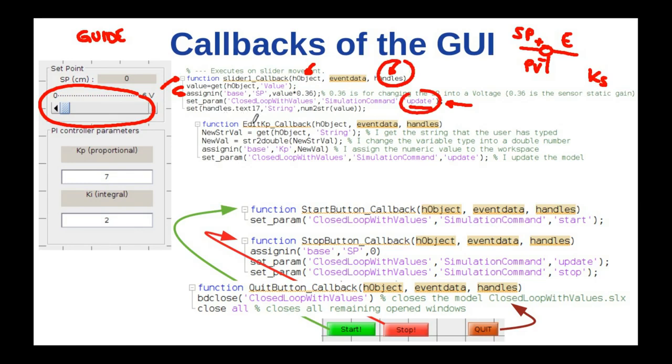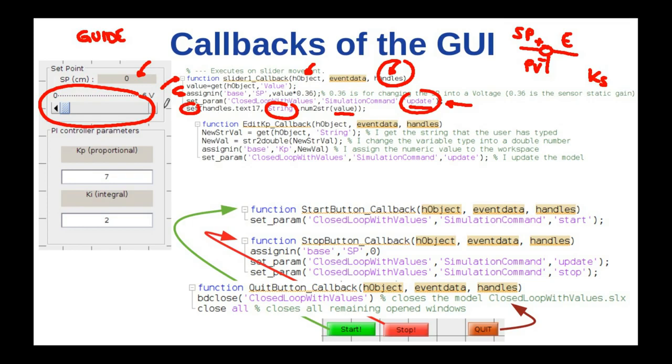Finally, once the model is updated, we can set this static text, the string that corresponds to the value in centimeters of the slider. It's very easy, because we can simply set the string field, but we must convert this numeric value into a string. That's why I use the num2str function.